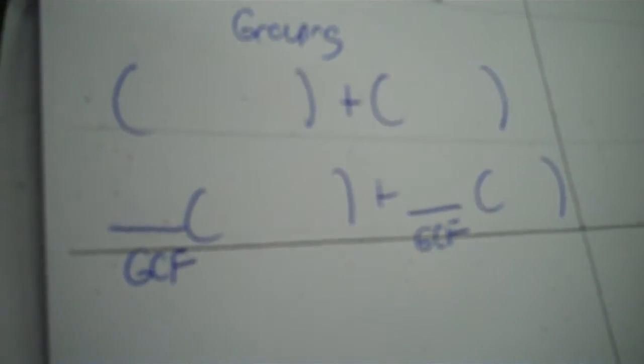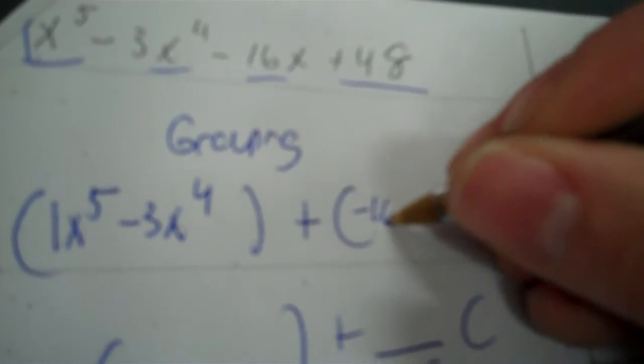It's the exact same thing. You just got little GCF lines popping out of there. Then big parentheses, little parentheses, or just 2 parentheses. It doesn't really matter. Then 1x to the fifth minus 3x to the fourth, and then negative 16x plus 48.